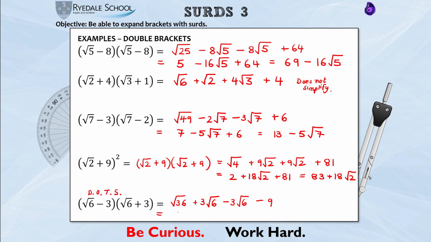Well, the square root of 36 is 6. But have you noticed what happens to these two surds? The plus 3 root 6 and the minus 3 root 6 cancel each other out. So they've gone, and I just have the negative 9. So for this one, it is 6 take away 9, which is just negative 3. So another example of where the question had some surds in it, but the final answer came out being a whole number.